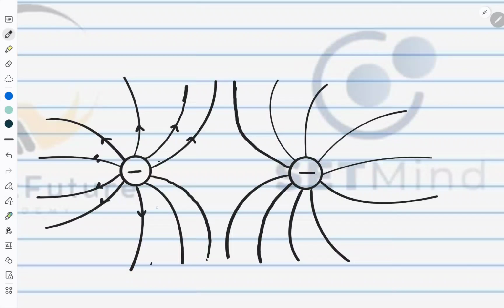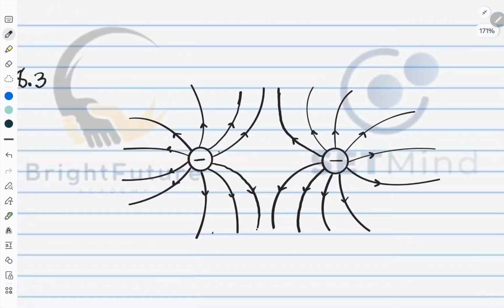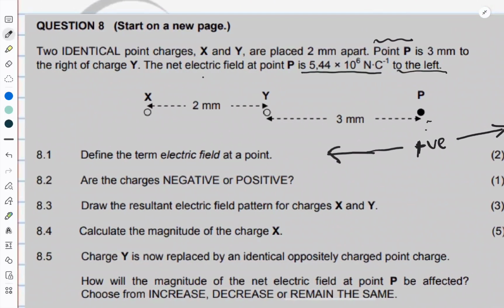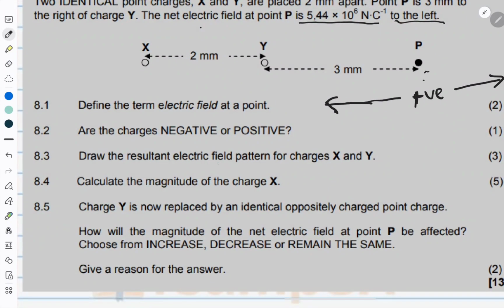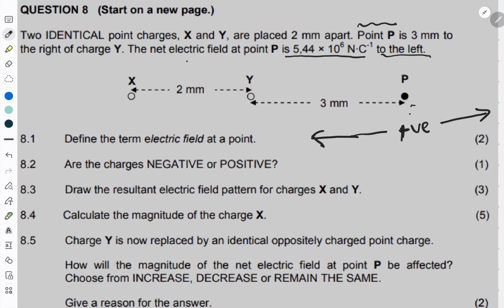Away, away, away, away. Everything pointing away. See, so this is how you would draw the resultant electric field pattern for charges X and Y.